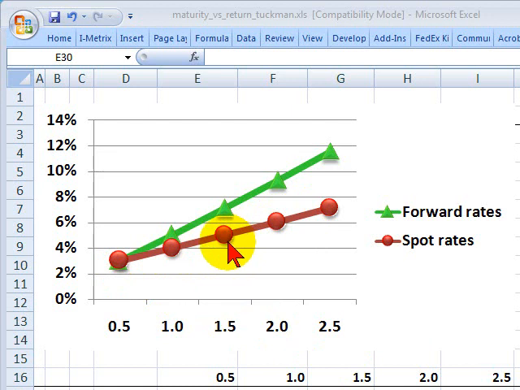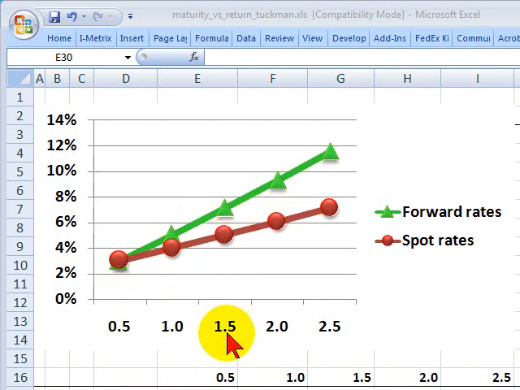So for example, at 1.5 years or 18 months, the spot rate is about 5%. Recall, an important idea about the spot curve is that it contains within it all the information we need. It implicitly contains a forward rate curve. So I've plotted that in green.